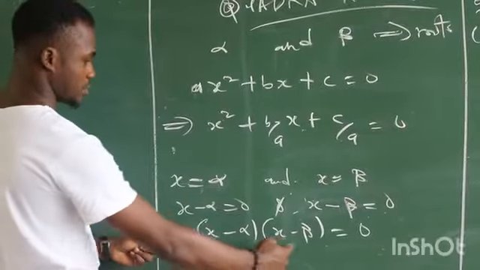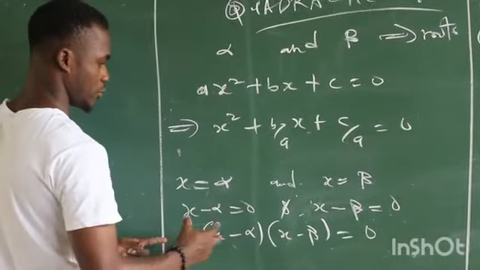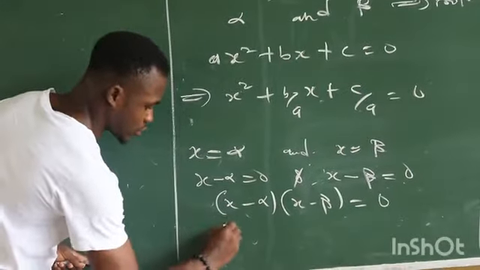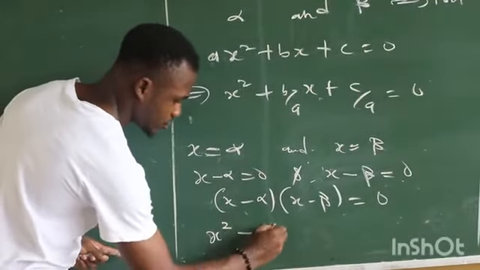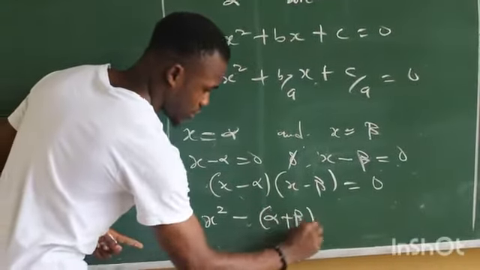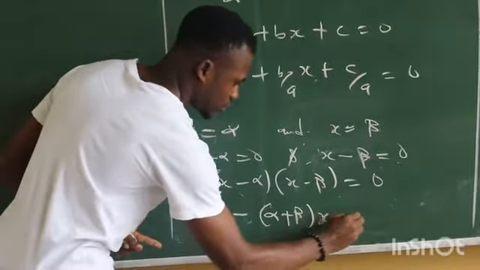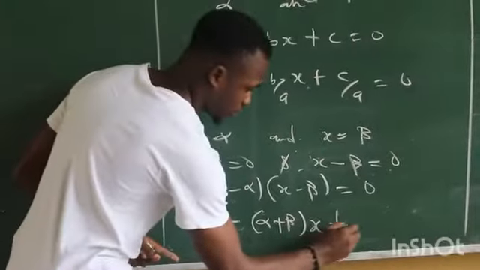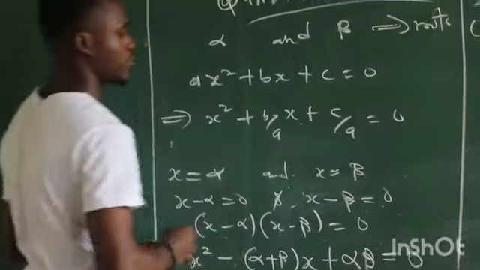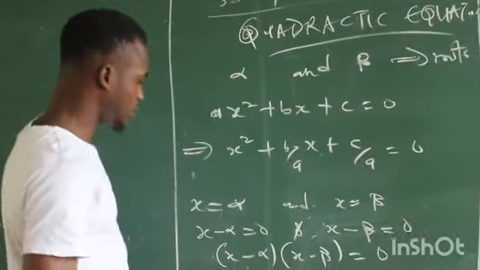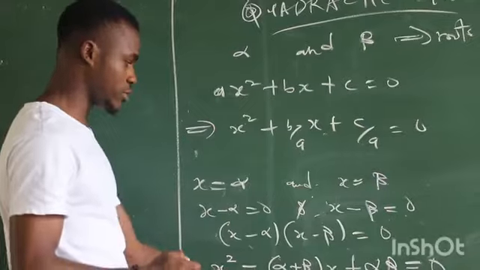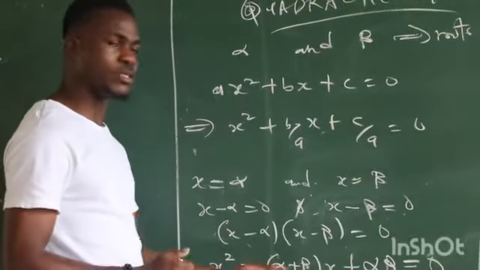So when we expand this equation, we come to find out that this will give us x squared minus (alpha plus beta)x, then plus alpha beta is equal to 0.